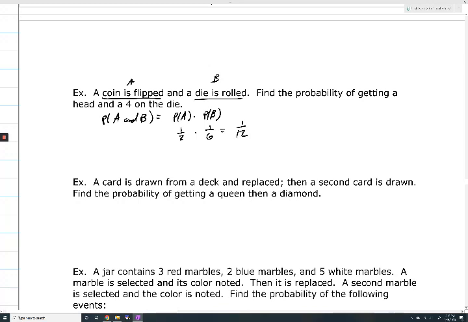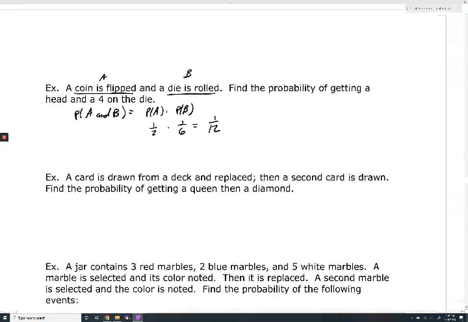Now, another way of calculating this probability is by setting up a tree diagram. So if we set up our tree diagram as heads and tails for our first event, which was flipping a coin, and then we look at our second event, there we go.